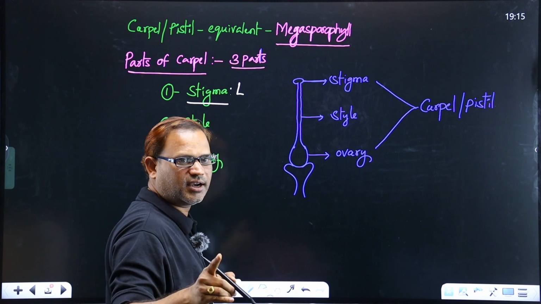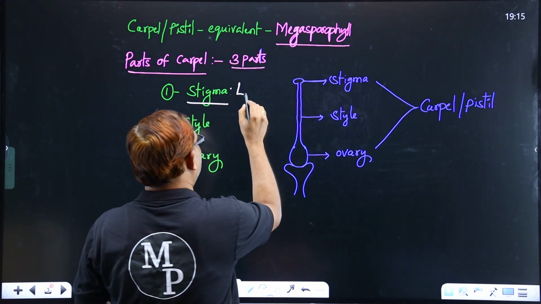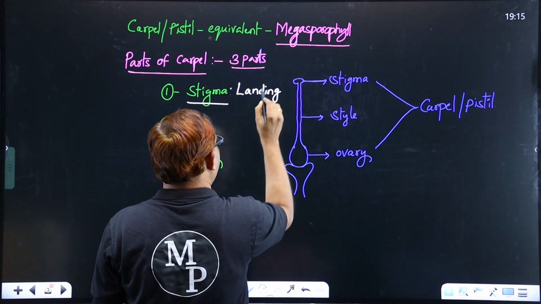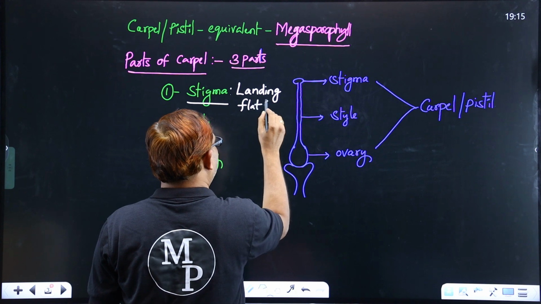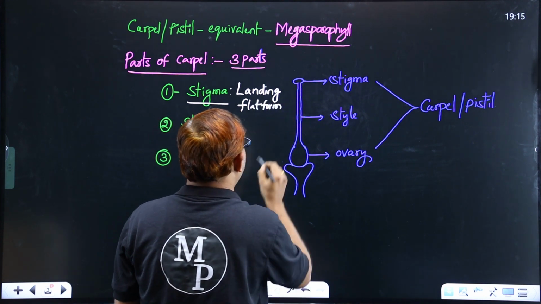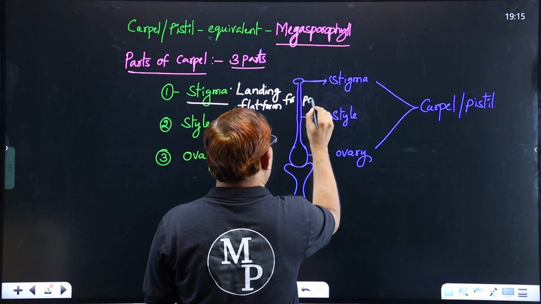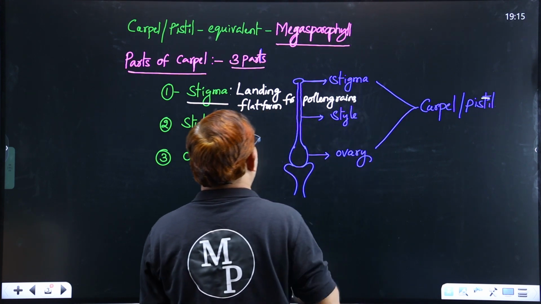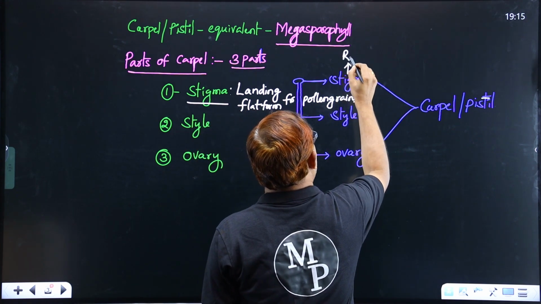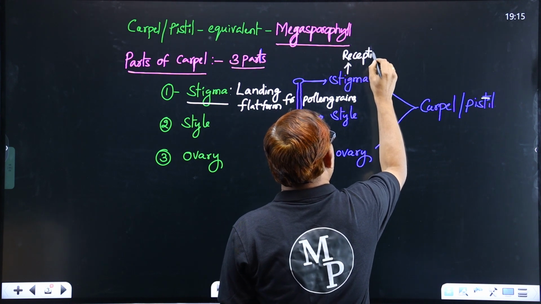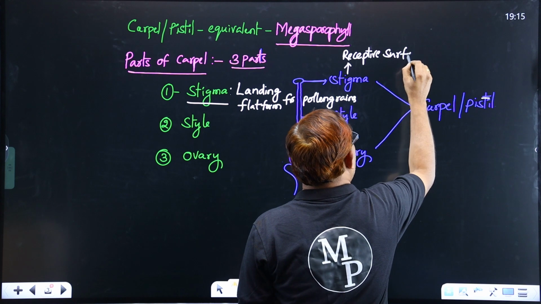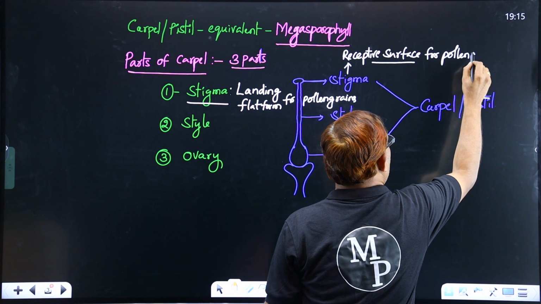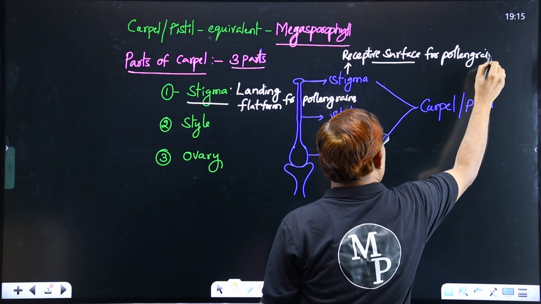That is the line in NCERT, the accurate line: landing platform for pollen grains. And one more name: the stigma is a receptive surface for pollen grains. Okay. This is the first part of the carpel, right?